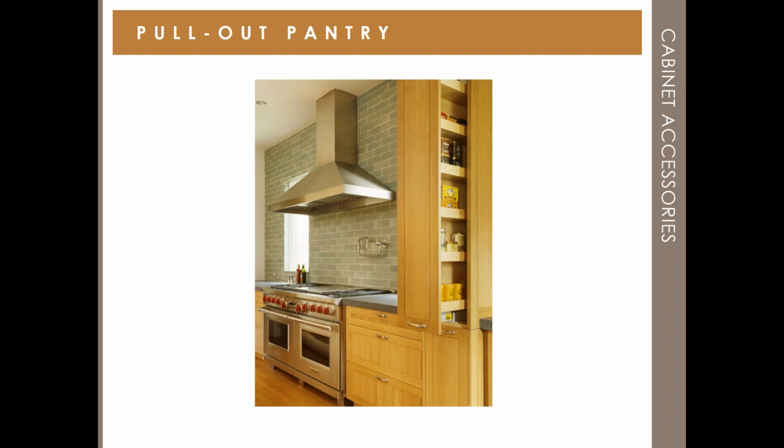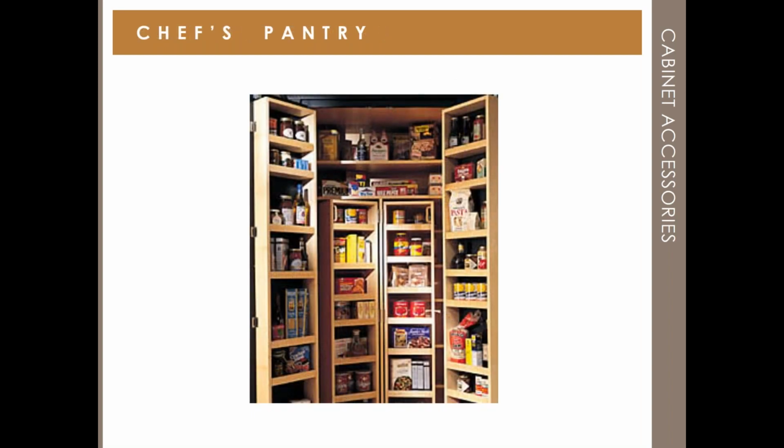It's a nice unit. Chef's pantries. You have to be careful with all this stuff though, because number one, you're going to spend a lot of money. Number two, you're gaining accessibility, but you're losing a lot of storage space in doing that. Most people just like to have the roll-out shelves or can storage on the doors.